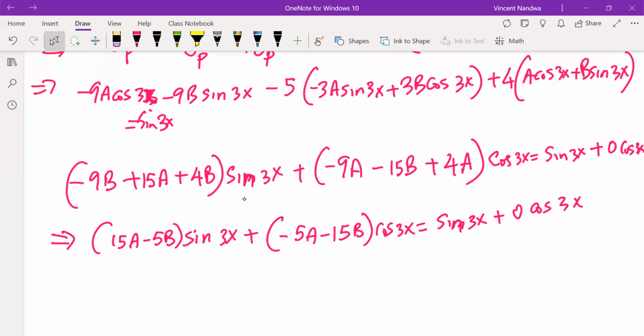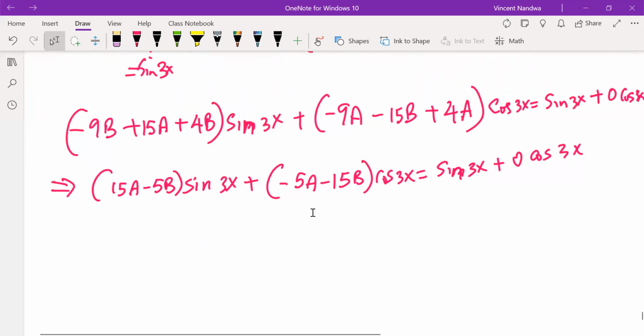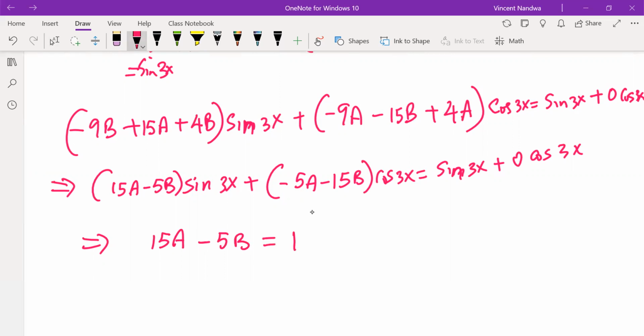This 0 is just a placeholder, 0 cos 3x is a placeholder just to enable me to compare the coefficients directly. So this means that 15a minus 5b equals 1, and minus 5a minus 15b, the coefficient of cos 3x, equals 0.